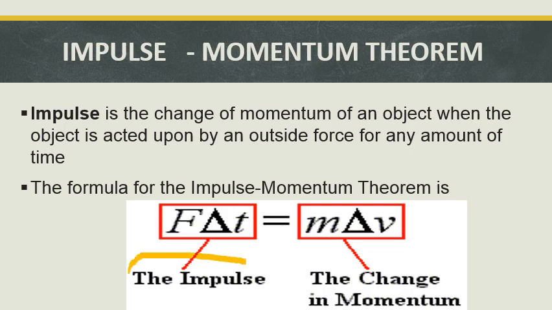This is the impulse part of the theorem, and this is the momentum part of the theorem. And we're going to use these both together and separately to find impulse or momentum, and then we use them together to find different aspects of larger problems. I know you can't wait.